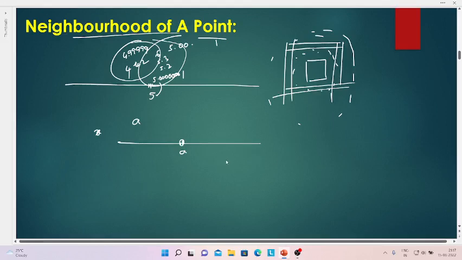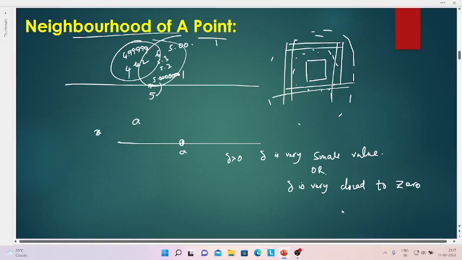In mathematical language, suppose you have delta which is greater than 0, but delta is a very small value, or delta is very close to 0 but not equal to 0. I mean, we have a number which is very close to 0 but not equal to 0.